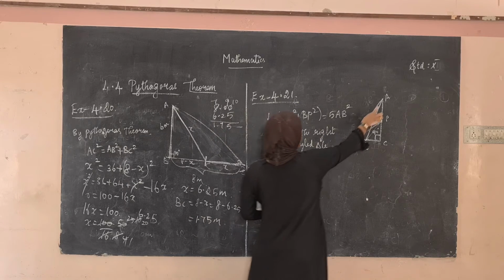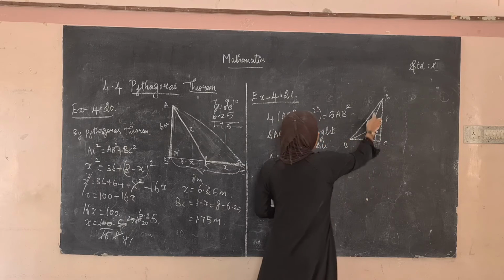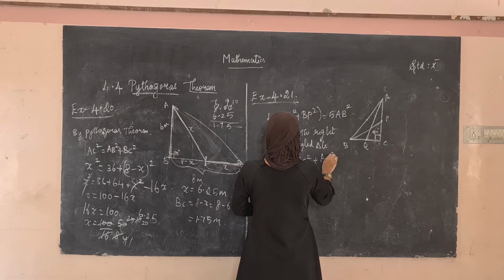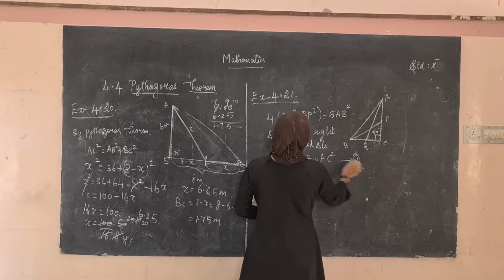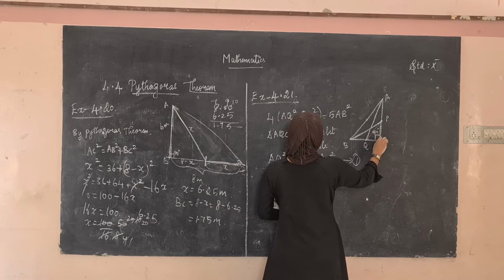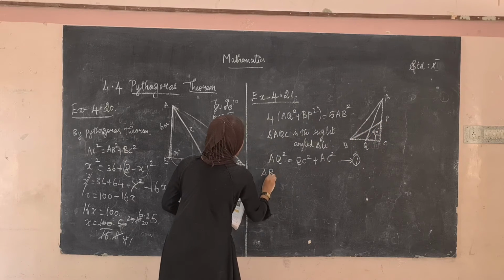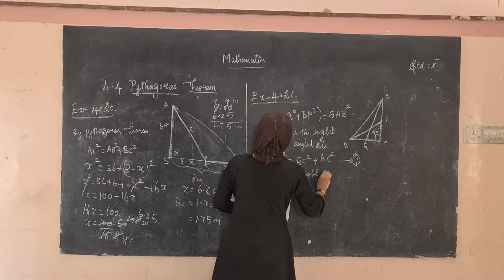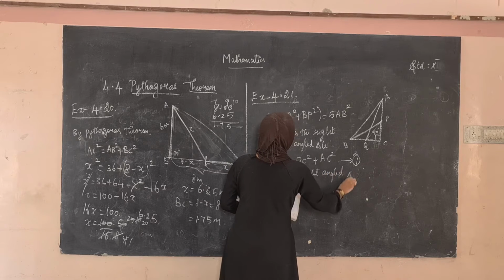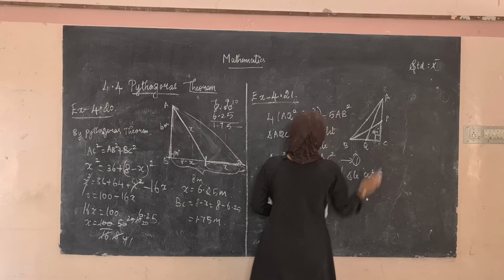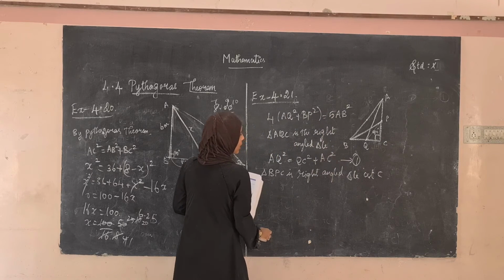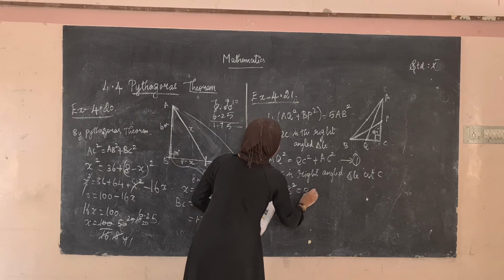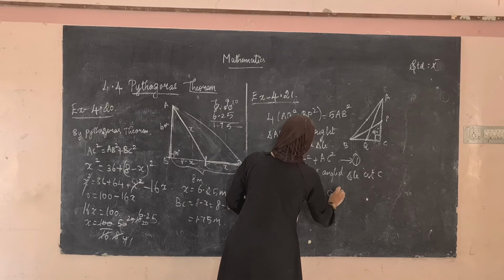Here in triangle AQC, AQ is the hypotenuse side. Therefore, AQ square is equal to QC square plus AC square. Let this be 1. And again, let us take triangle BPC. Similarly, triangle BPC is right angled at C. So by Pythagoras theorem, PB square is equal to BC squared plus CP squared.